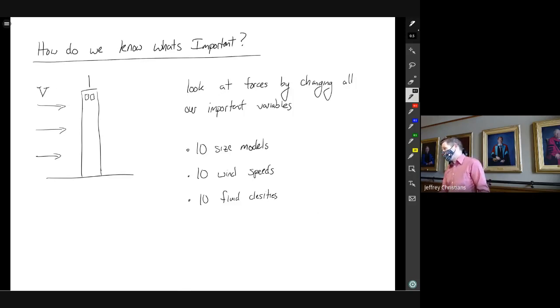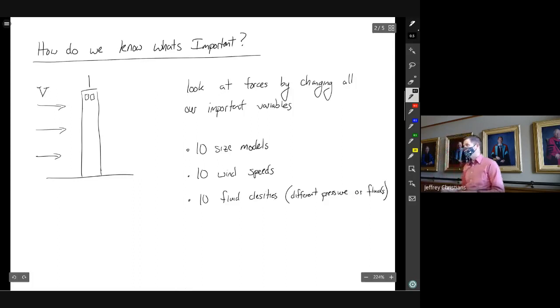We could use different pressures. Or maybe different fluids. We use two different fluids, like a liquid and a gas, or two different gases or different liquids. We could change density.